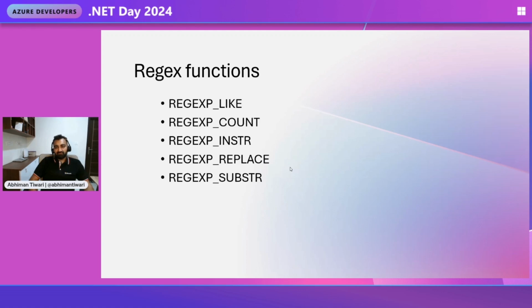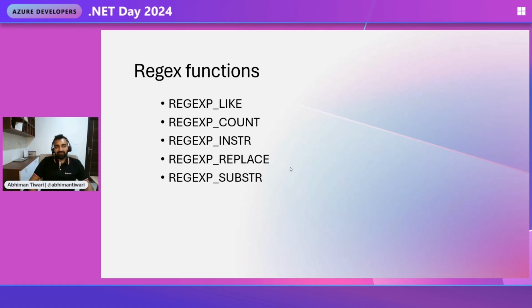And these are the functions we have introduced as part of our regex announcement. You can use regexp like to filter the rows based on a regex condition and also to apply a check constraint to ensure the data fulfills the specified criteria before it gets inserted into the table. And again, you can use regexp count to count the occurrences of a pattern within the string.